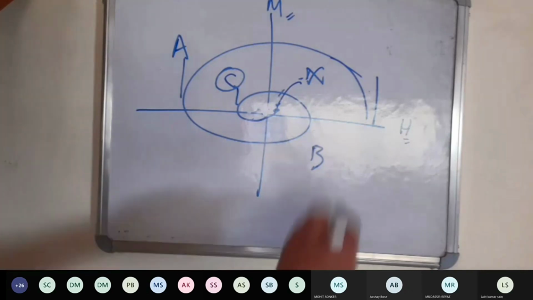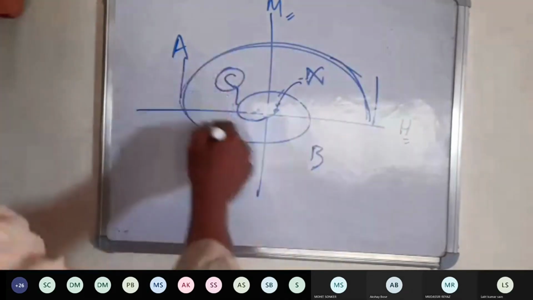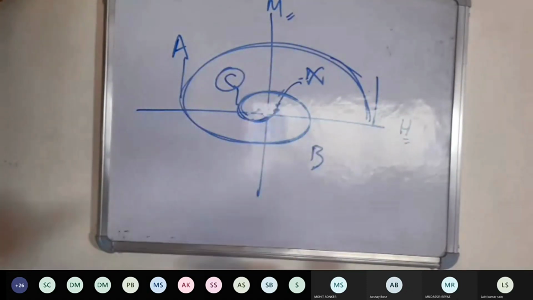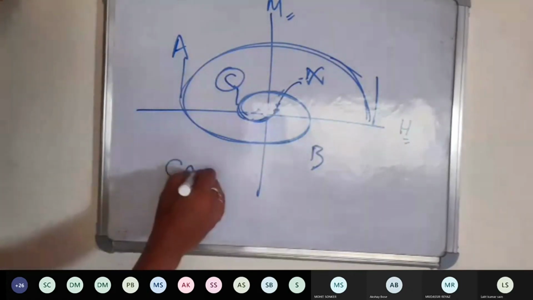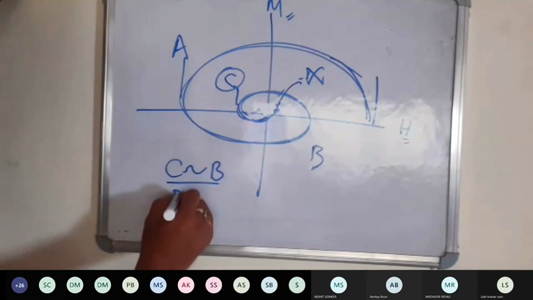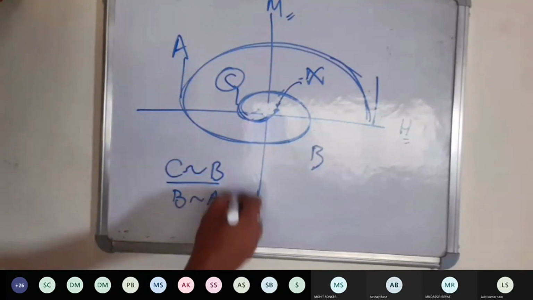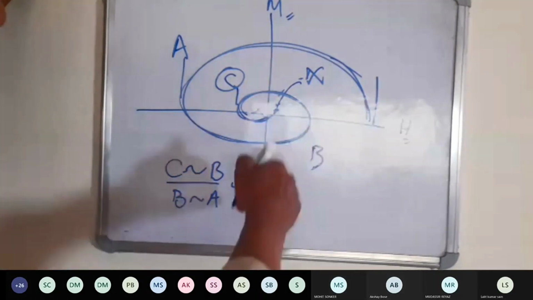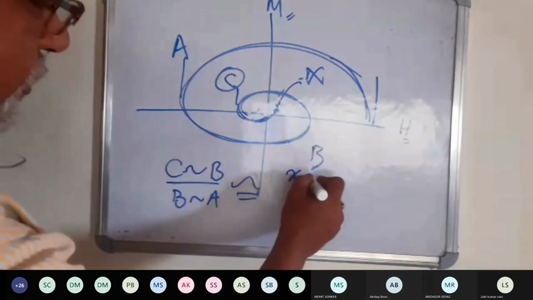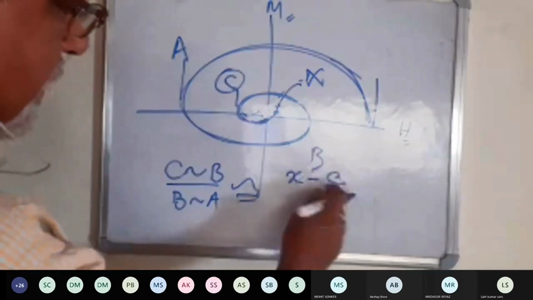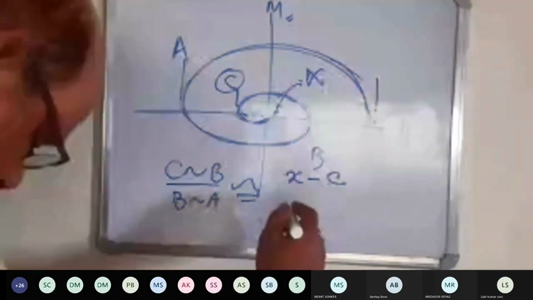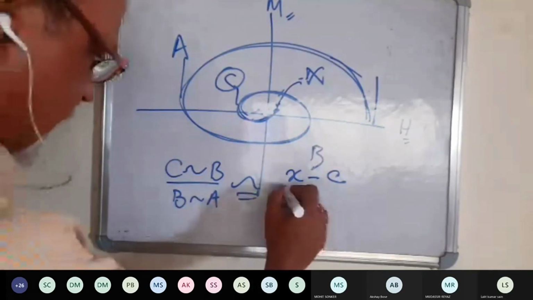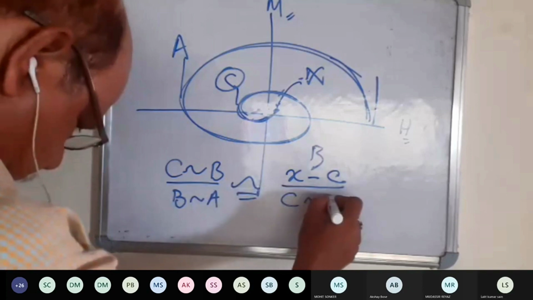So the damping factor due to which it was reducing constantly, the same ratio will continue in the same manner, like C to B by B to A will be approximately equal to the one before. That means X to C by C to B is almost equal.